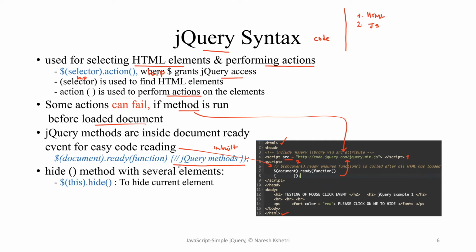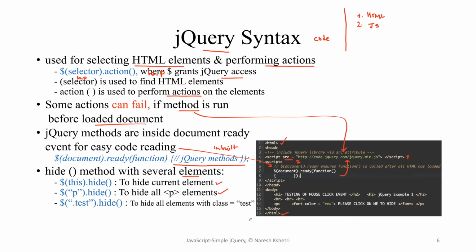For example, here we are talking about the hide method, which we are trying to use with several elements. We are using hide to hide the elements of the paragraph, to hide the elements with the class, and the last one to hide the elements with the ID. You all know our HTML elements can have an ID attribute.